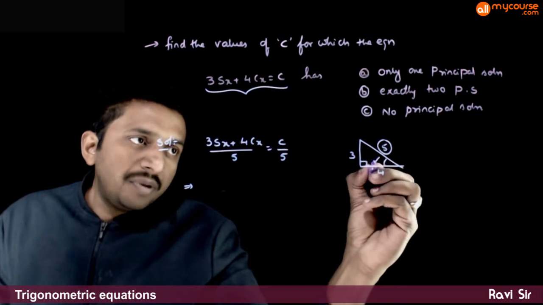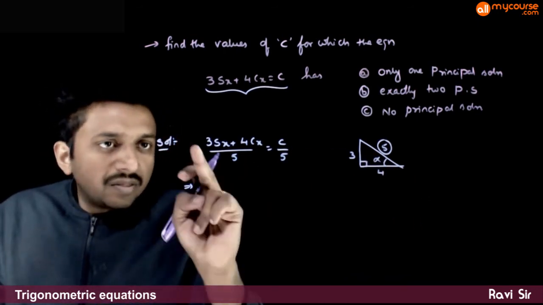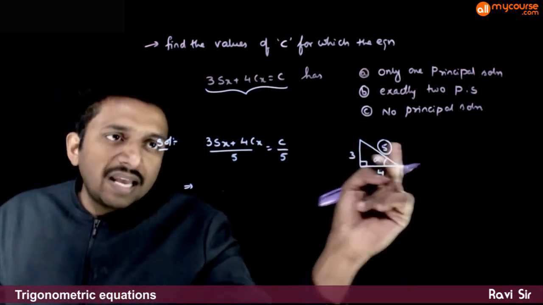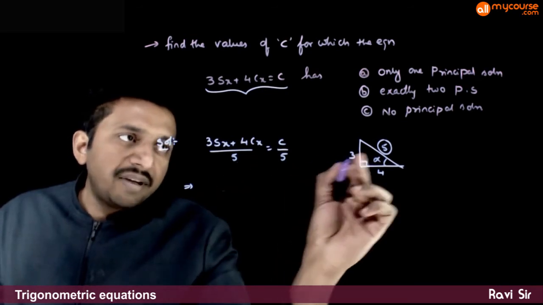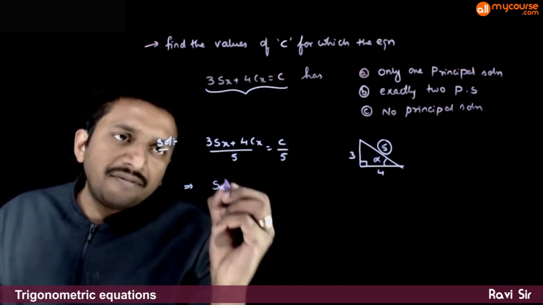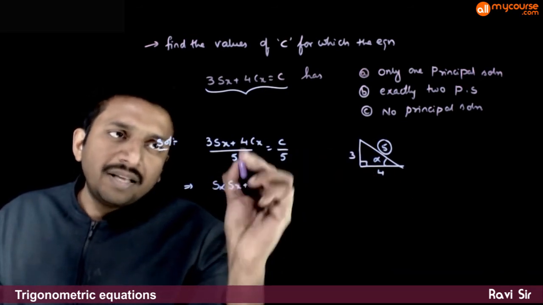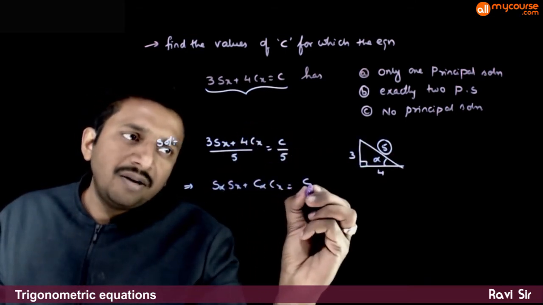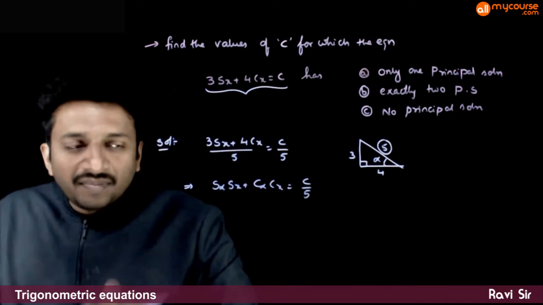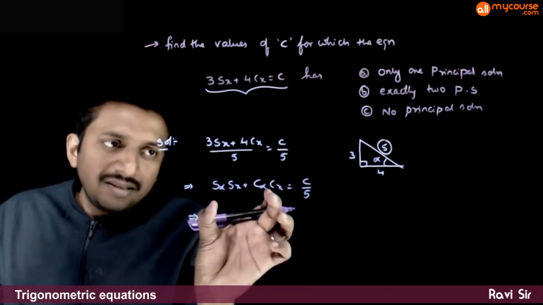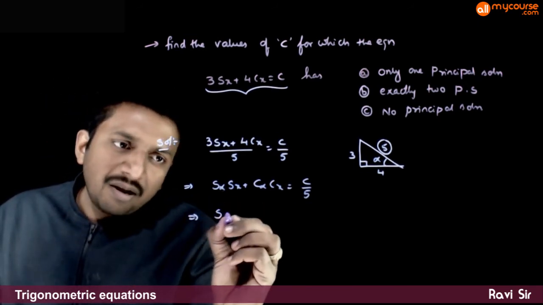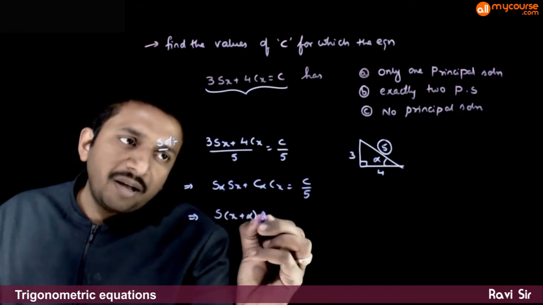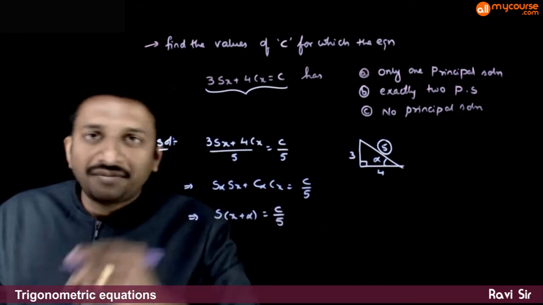Whatever angle is formed here, I call it alpha. So 3 by 5 can be written as sin alpha, and 4 by 5 can be written as cos alpha. So sin alpha sin x plus cos alpha cos x is equal to c by 5.